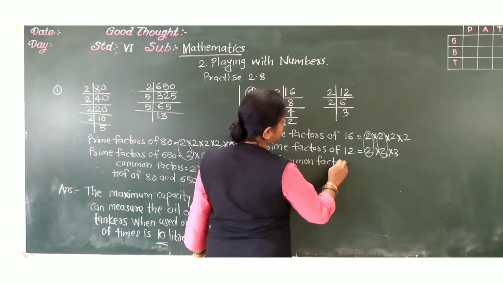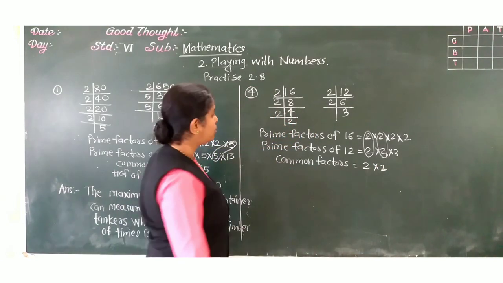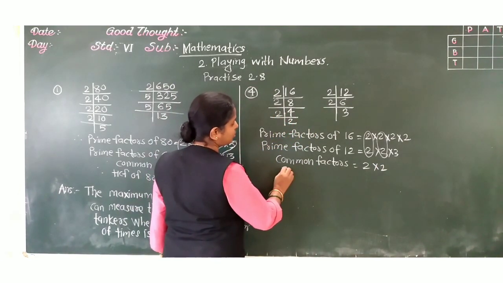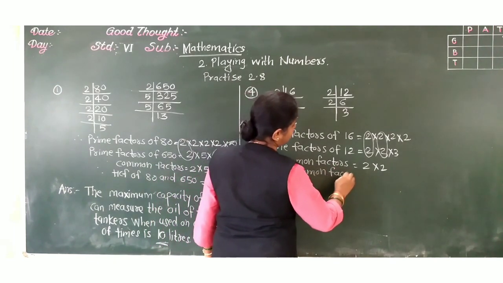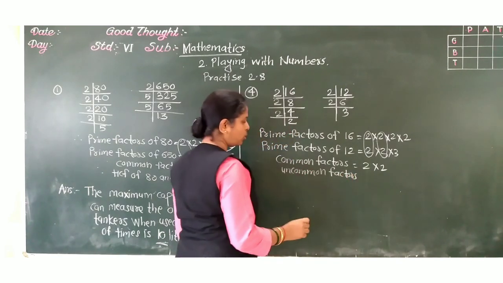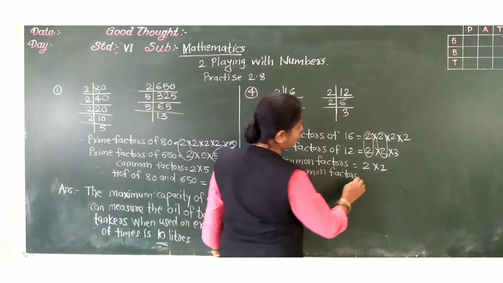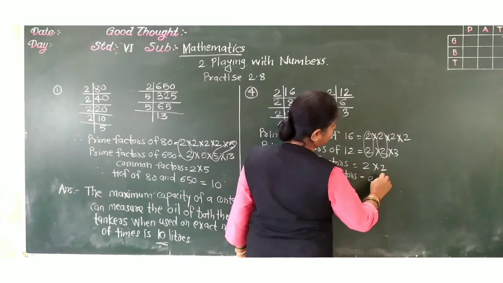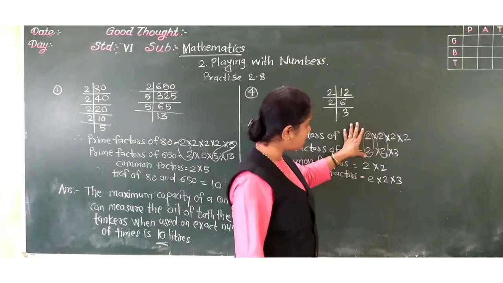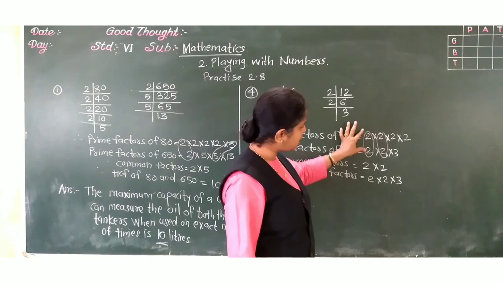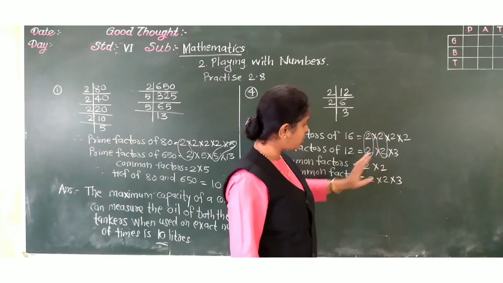Common factors: 2 into 2, and the uncommon or non-common factors: 2 into 2 into 3. Common we have to write one time only, 2 into 2.